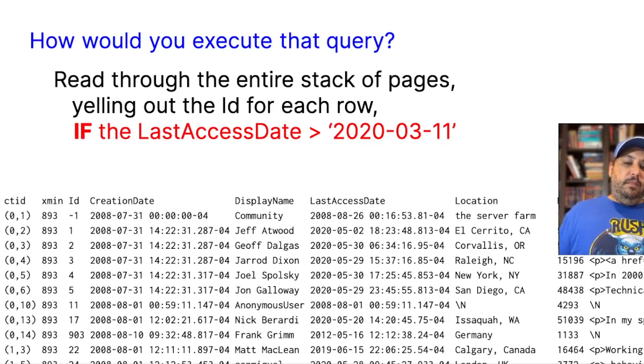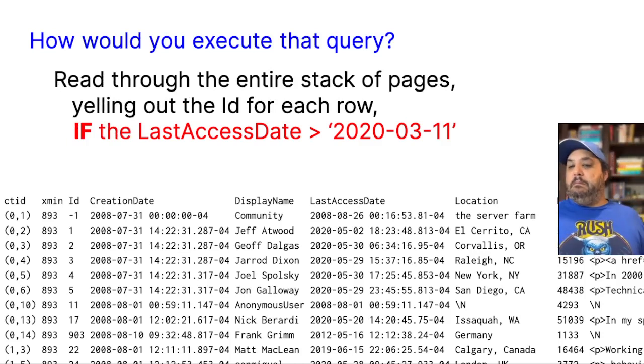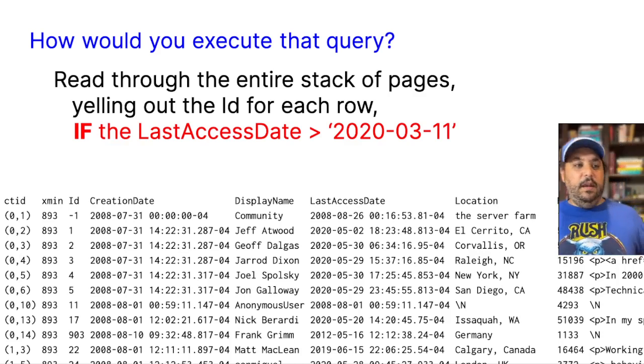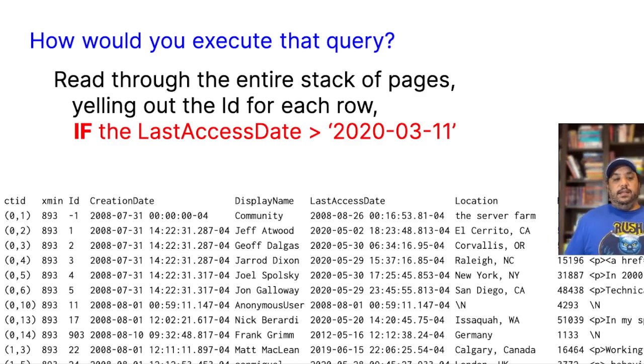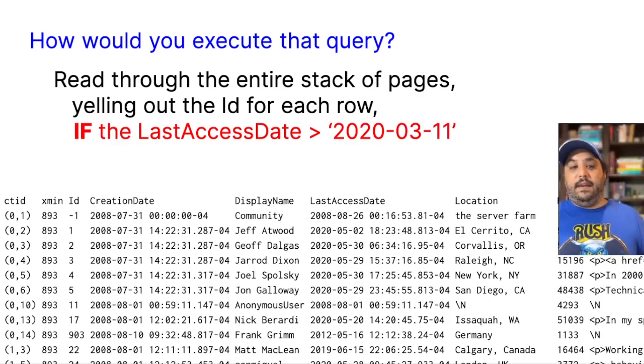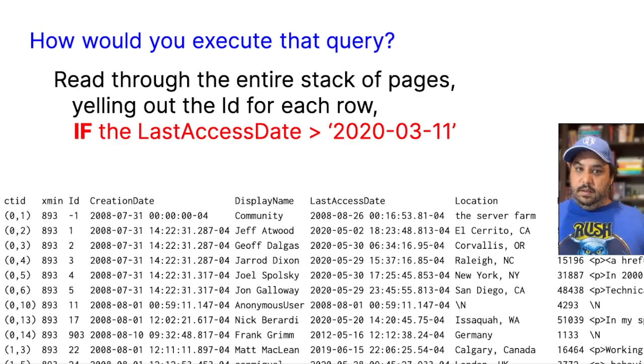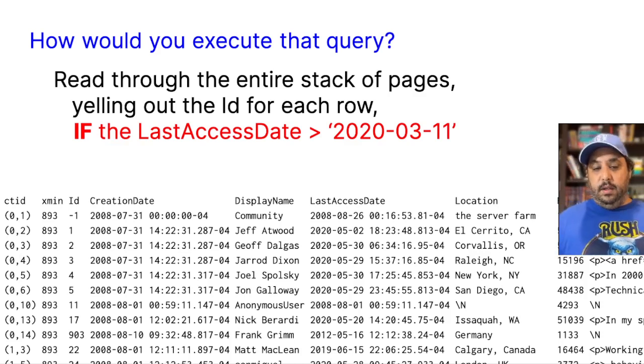Well, if you think about it, probably the answer should look pretty much like the answer to the previous one with a little bit of a tweak. And you'll note it almost sounds like SQL in this tweak, right? We're going to read through the stack of pages just like we did before, yelling out the ID for each row if, and that's a key if, the last access date in that particular row is after March 11th, 2020, right?